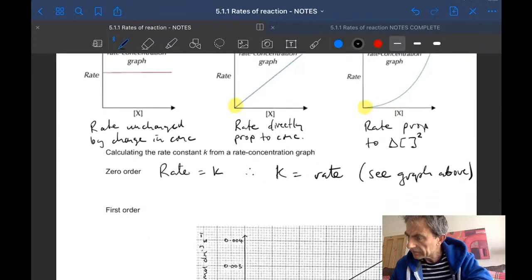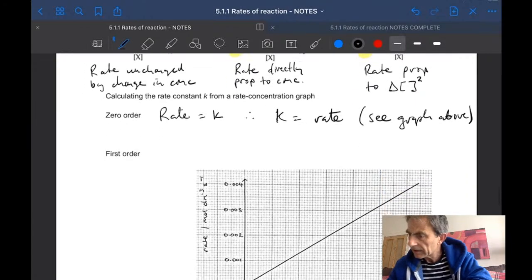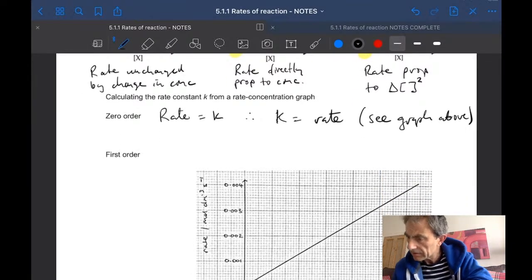First order reaction. So how would you calculate the rate constant? First order reaction, rate equals K, concentration of x raised to the power 1.